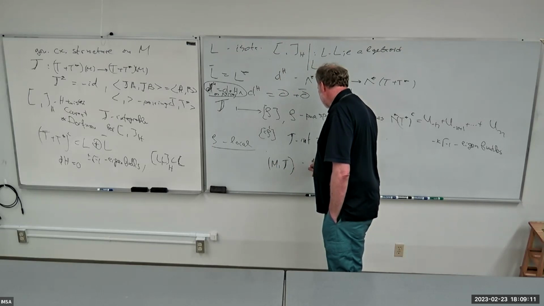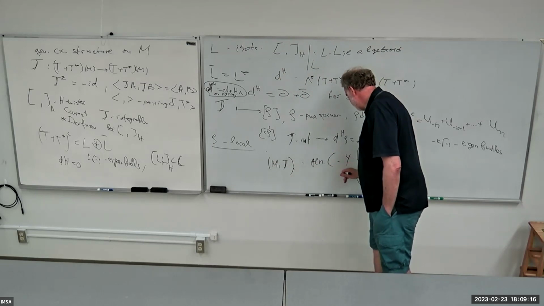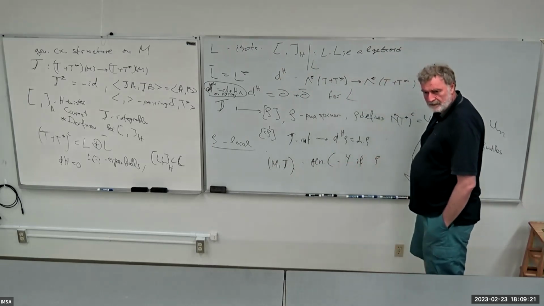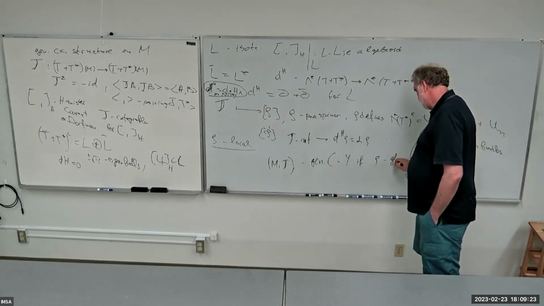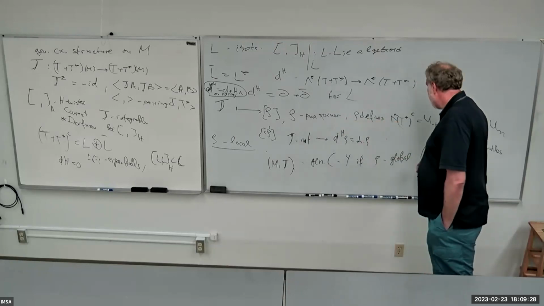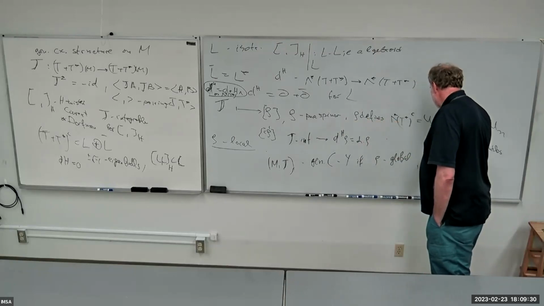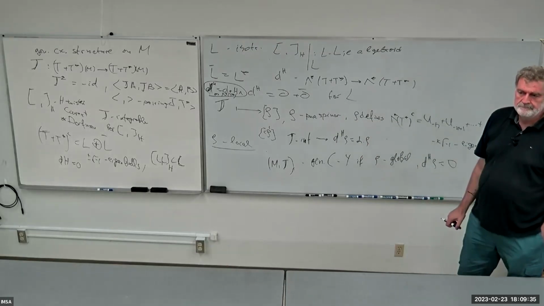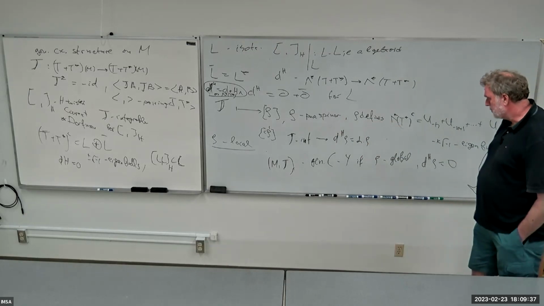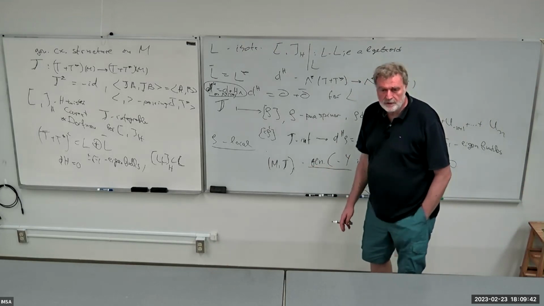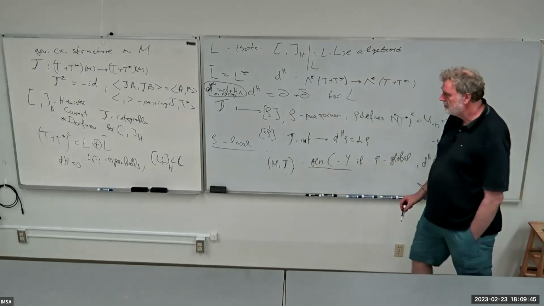This is called generalized Calabi-Yau if rho exists globally, and it is 0. But I'll change this to something which more recently is used.